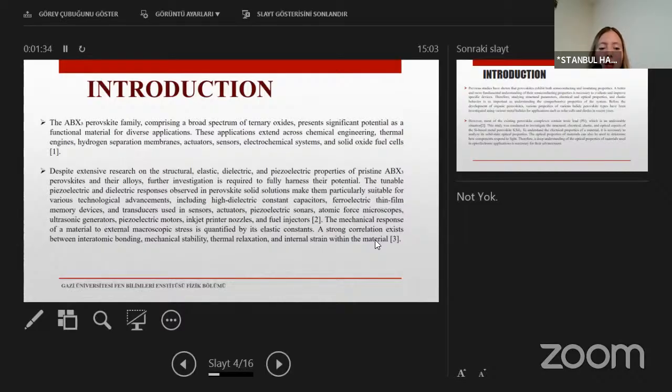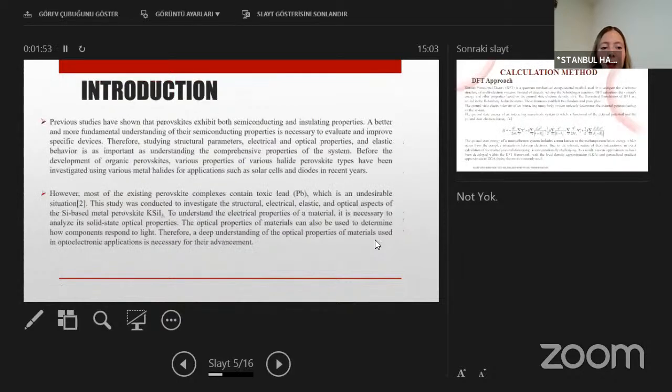The tunable piezoelectric and dielectric responses observed in perovskite solid solutions make them particularly suitable for various technological advancements, including high dielectric constant capacitors, ferroelectric thin film memory devices, and the like. Previous studies have shown that perovskites exhibit both semiconducting and insulating properties.